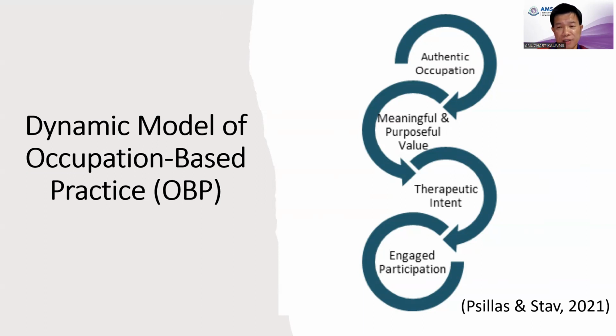Authentic occupation is very important, in terms of occupation focus. Authentic occupation, real occupation. And another ring is meaningful and purposeful value. The authentic occupation the client gives you or you collaborate on: is it a meaningful and purposeful value or not?